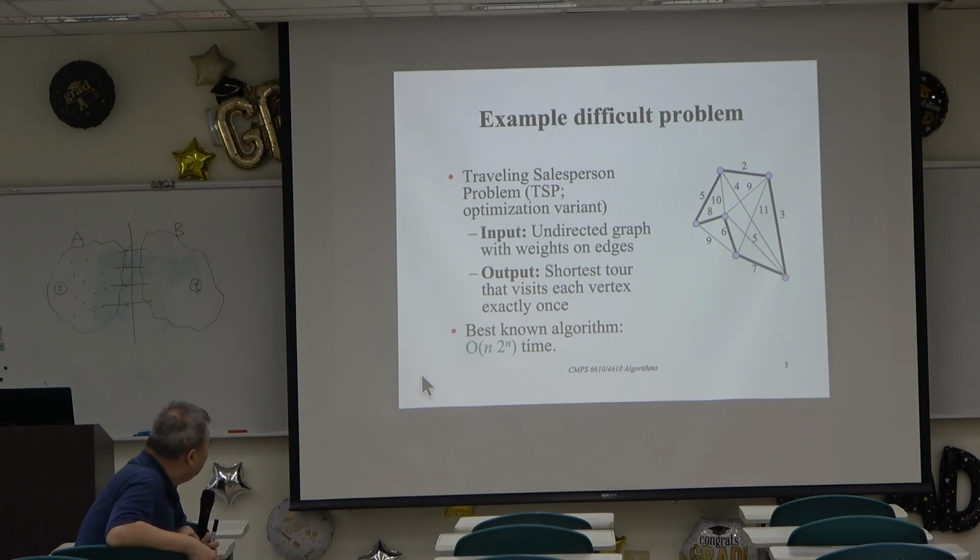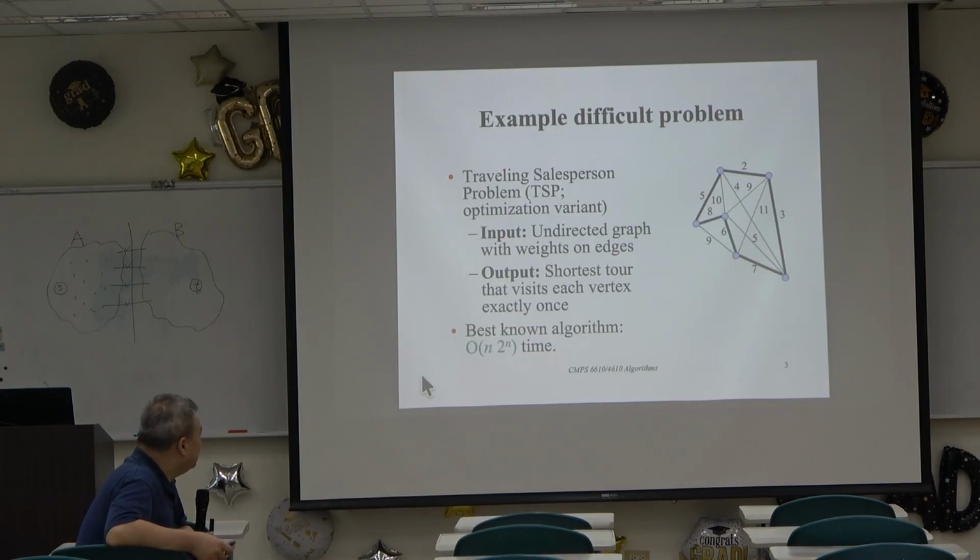Okay, this problem is called the traveling salesman problem, abbreviated as TSP. The input is an undirected graph with weights on each edge. The output we want is the shortest tour that visits each vertex exactly once.